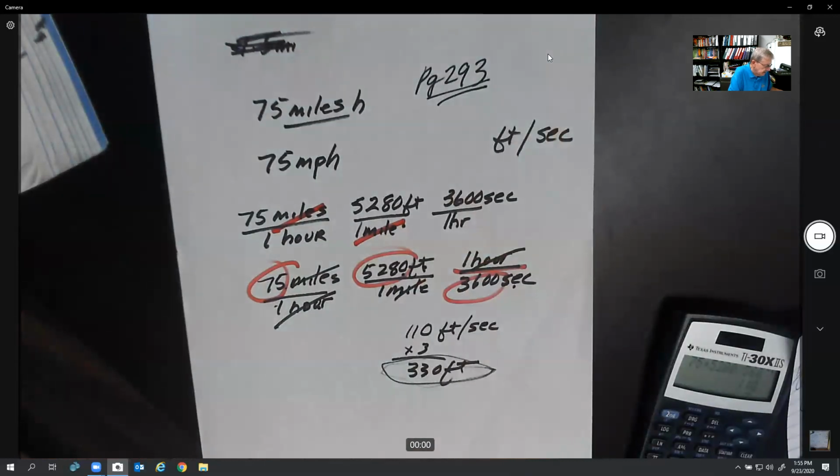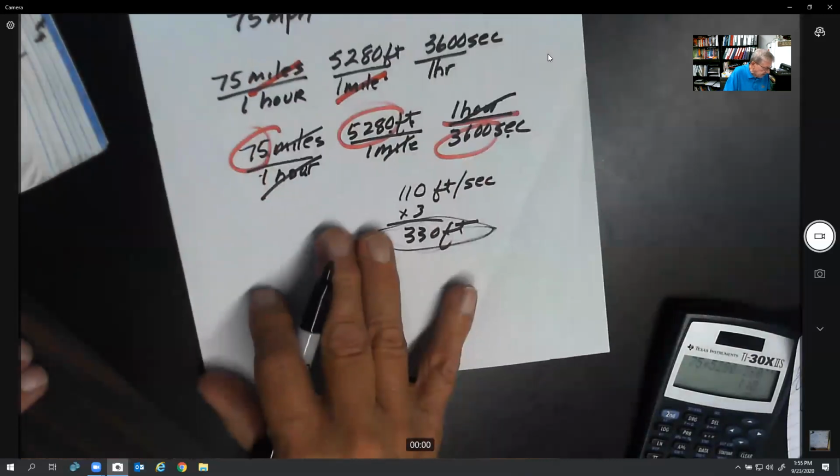Okay, this conversion table. And I'll see if I can maybe put it into your unit, because you probably will need this conversion. So I'm just going to randomly pick a problem out of here on 293, and they want to change something that's a little hard.